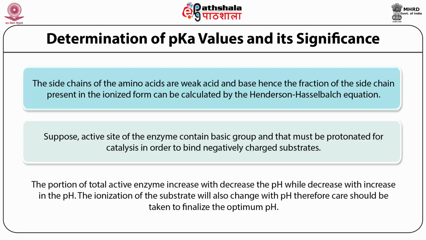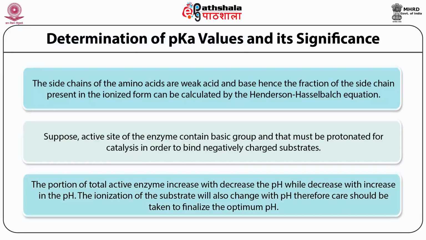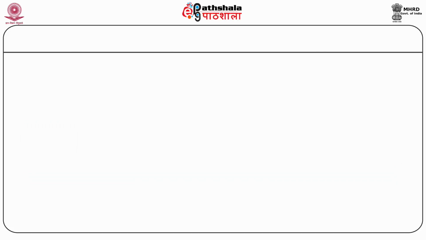The portion of active enzyme increases with decrease in pH because we want the active site to be protonated, while active enzyme decreases with increase in pH because increase in pH leads to deprotonation, and the ionization of the substrate will also change with pH. Therefore, care should be taken to finalize the optimum pH.